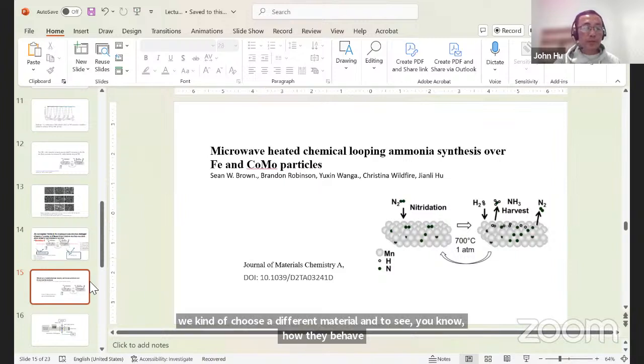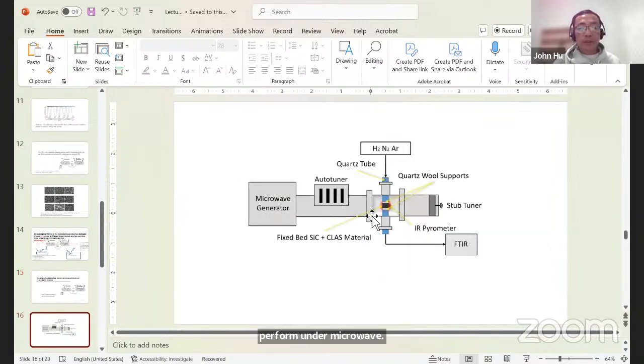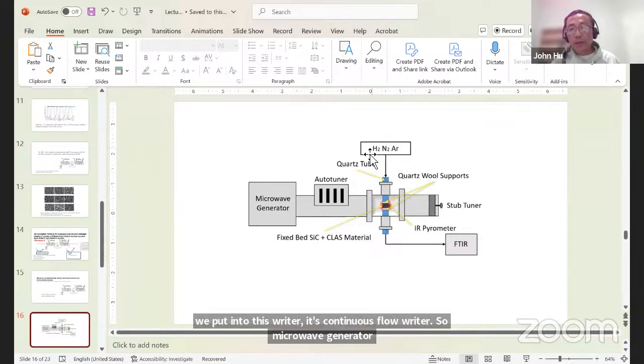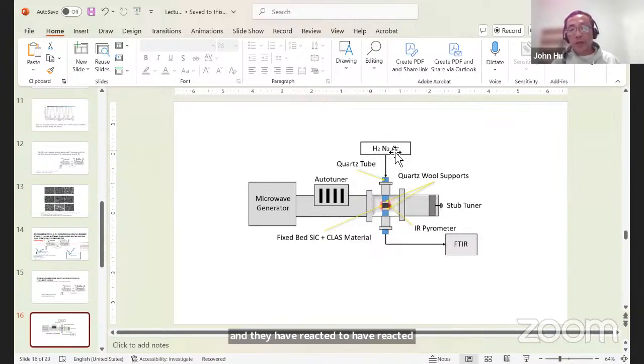Okay, so the setup again, this is microwave only, and CLAS means chemical looping ammonia synthesis. We put the material into this reactor. It's a continuous flow reactor. So there is a microwave generator and a reactor tube, and hydrogen and nitrogen can flow through. You flow nitrogen, and in the next loop you flow hydrogen.